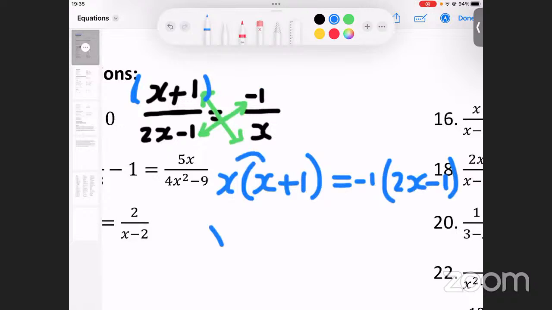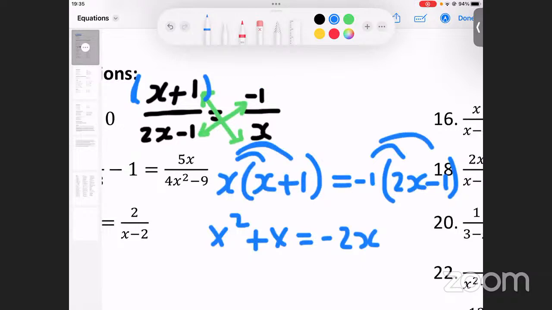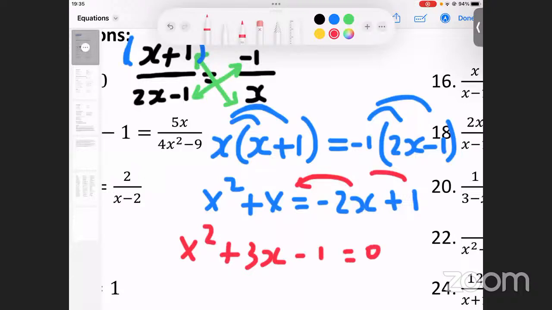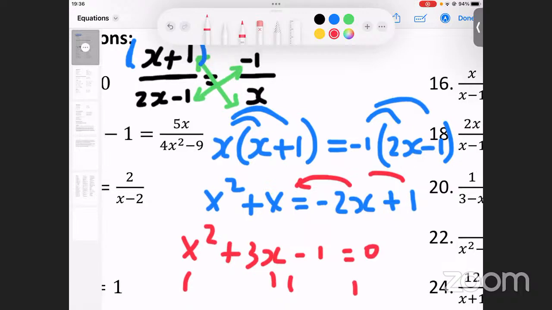Then that by that, obviously, is x squared, that by that will be plus x, which is equals to that by that will be -2x, and that by that will become +1. Then you see now, because of this, it is a quadratic equation. What does it mean? You need to rewrite it in the standard form, where you must have this to the other side. Trust me, it will become 3x, that to the other side minus 1 equals to 0. Then we are back to those basic equations where now you need to find the factors and you work it out. I'm not sure, does it make sense, Sinit, what I'm saying here?